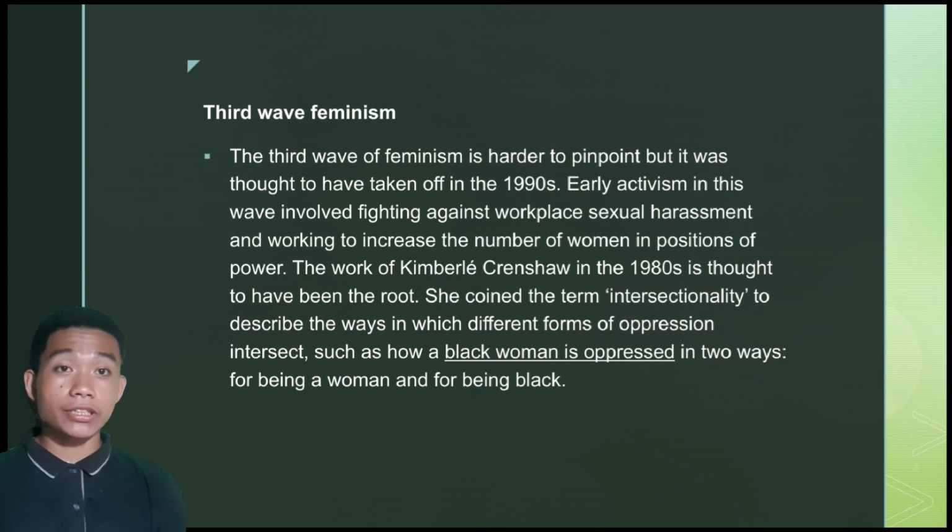She coined the term intersectionality, which describes the ways in which systems of inequality based on gender, race, ethnicity, sexual orientation, gender identity, disability, class, and other forms of discrimination intersect to create unique dynamics and effects. For example, a black woman is oppressed in two ways, for being a woman and for being black.